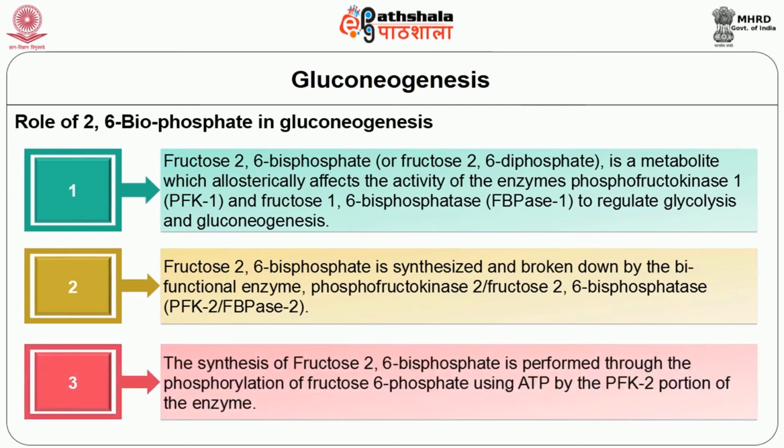The synthesis of fructose 2,6 bisphosphate is performed through the phosphorylation of fructose 6-phosphate using ATP by the PFK2 portion of the enzyme.